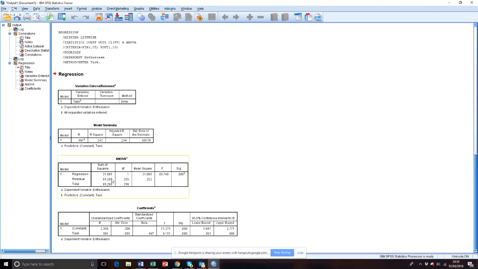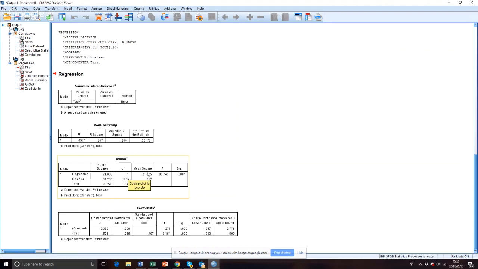And then, of course, if we take the residual away from the total, what we're left with is the amount of variance in enthusiasm that's explained by task orientation, or the regression line. So if we divide our sum of squares by the degrees of freedom in our model, now the regression model here, we have 1 degree of freedom, we have one predictor.